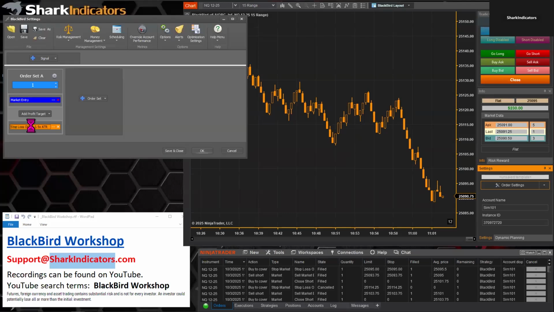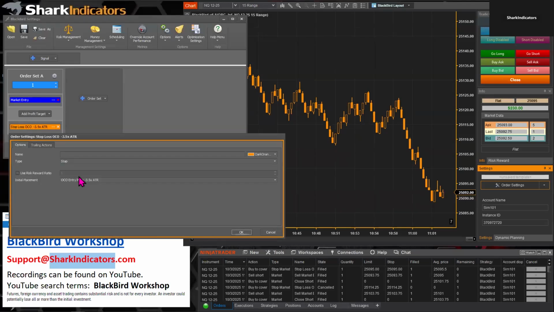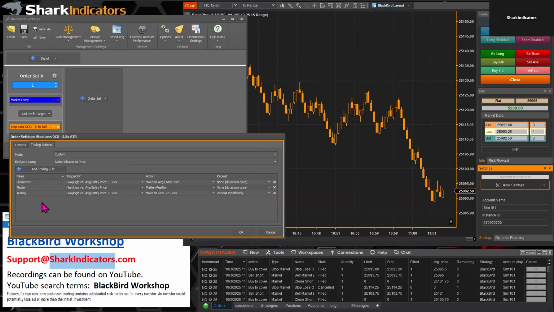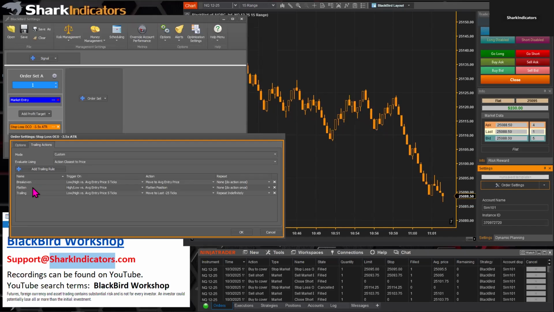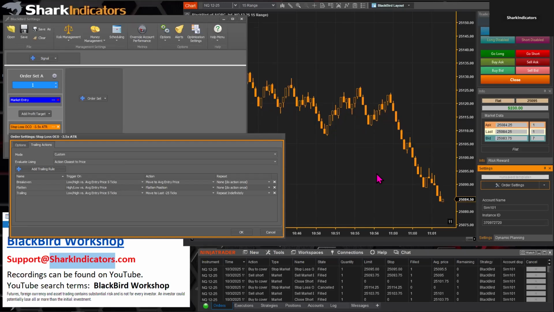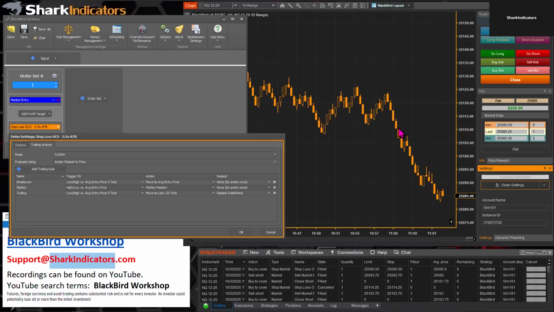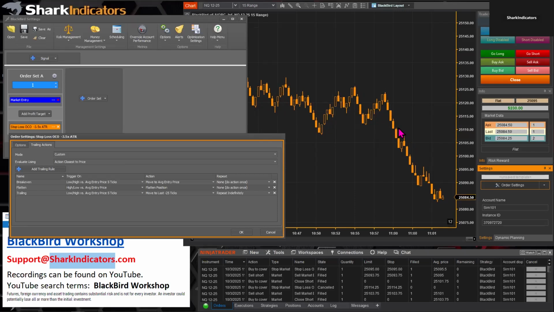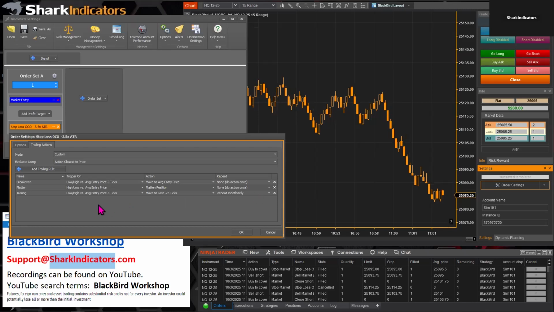So actually, this flatten has an inherent built-in issue here. If you're going with the trend, your previous bars do have a low price or high price on the wrong side of the average entry.